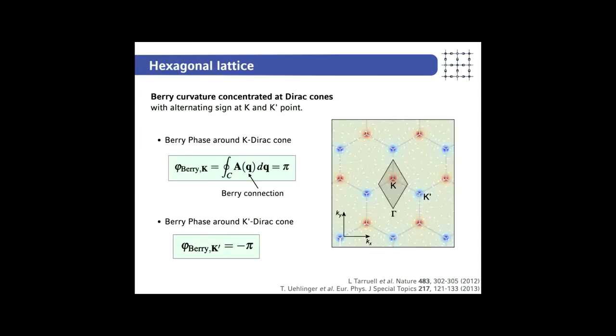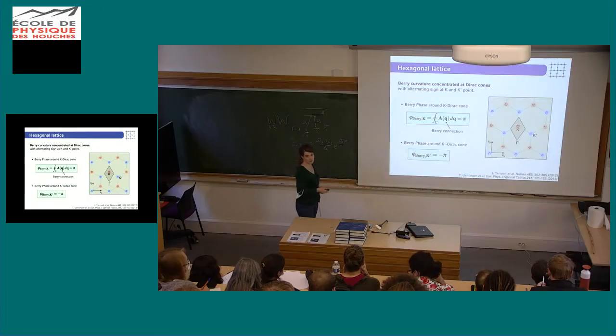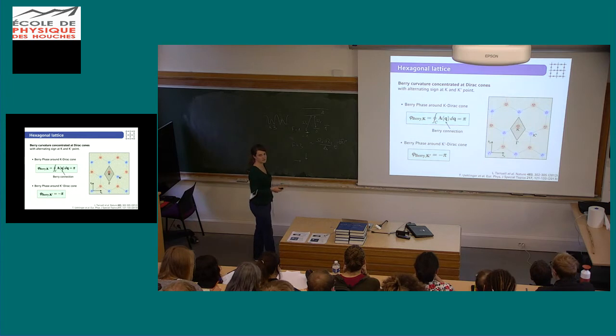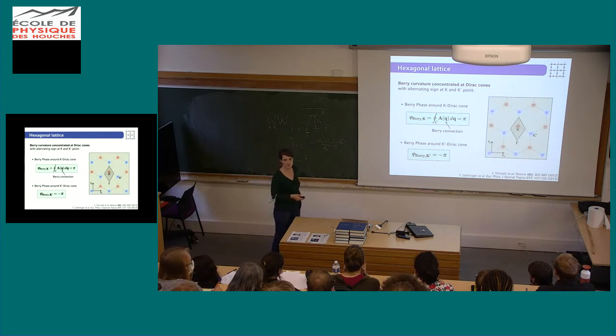And depending on if you look at the K or K prime point, it is equal to plus or minus pi. And measuring this pi Berry flux that is associated with the Dirac cone was one of the first experiments that has been performed with cold atoms in order to probe the geometric properties of the band structure in the hexagonal lattice.